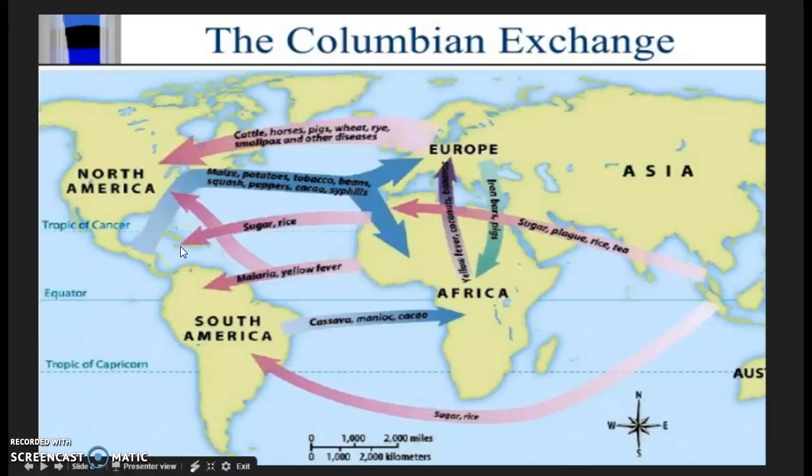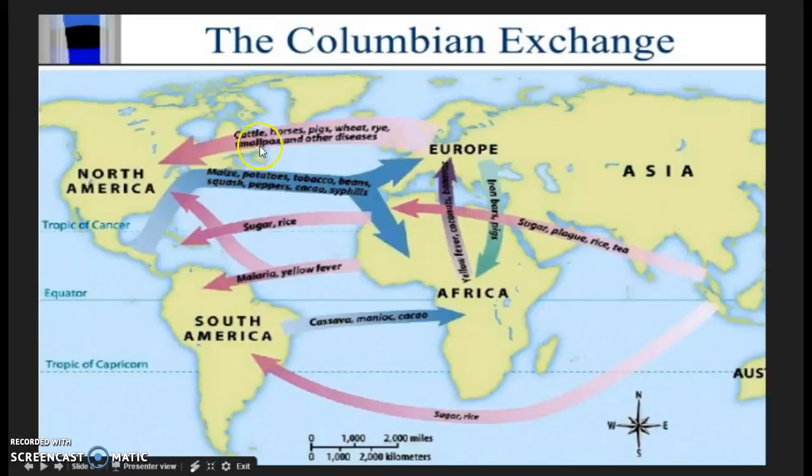Nevertheless, it opened up a long period of contact between the Old World and the New, which helped to exchange many things: food products, animals, ideas. But the most significant, as far as the negative consequences of the Columbian Exchange, was the introduction of European diseases.